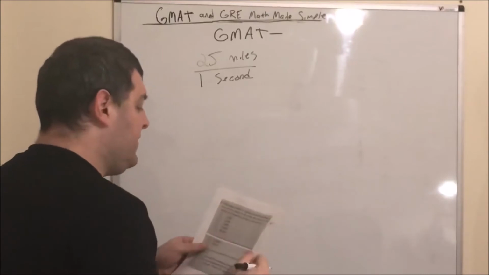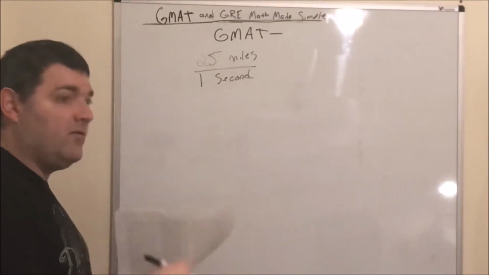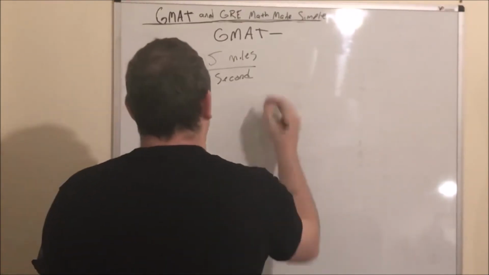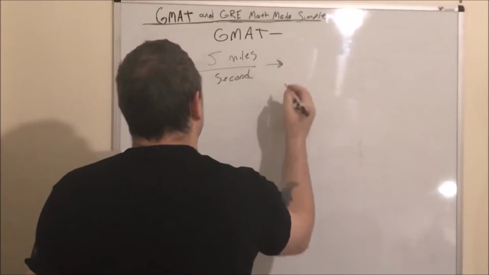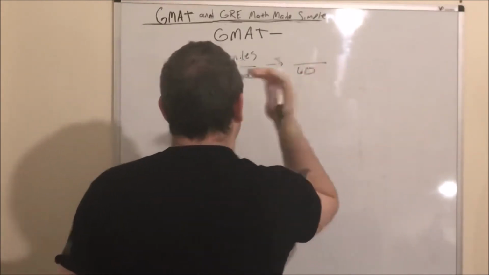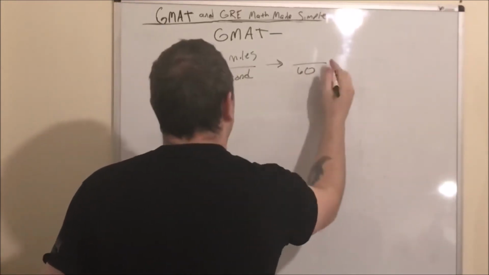So now we need to figure out, well, how many seconds are in a minute, and then go from there. So we have 25. Now let's translate this into 1 minute. So we both know that this is 60 seconds for 1 minute.